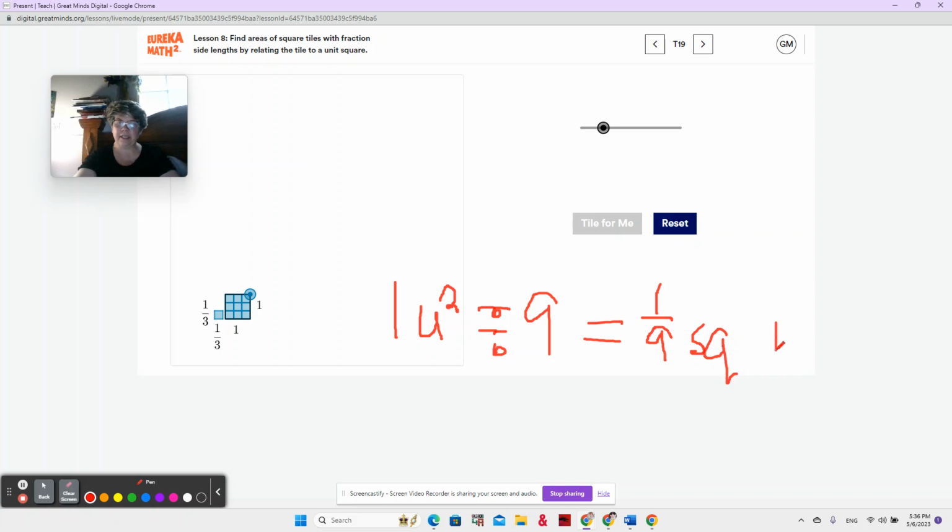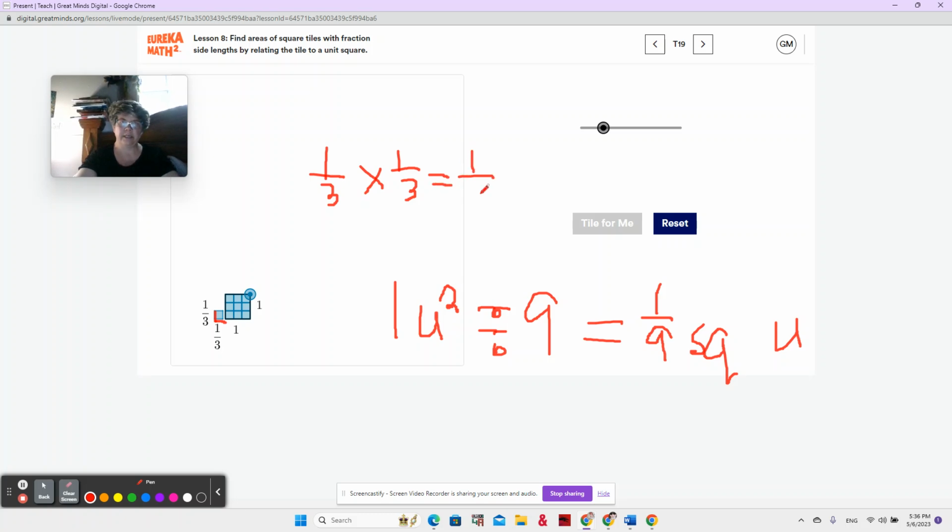So if I take 1 square unit, I divide it into 9 pieces. Each one is 1/9. The other way would be that I have 1/3 of a side here, 1/3 of a side here, 1/3 times 1/3, right? Multiplying straight across, 1/3 times 1/3 equals 1/9.